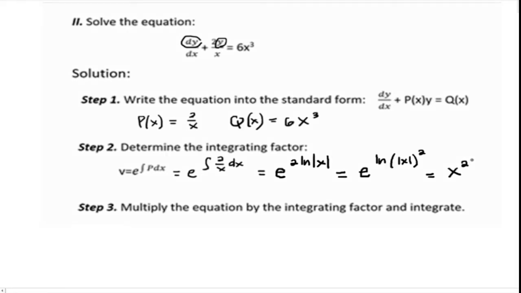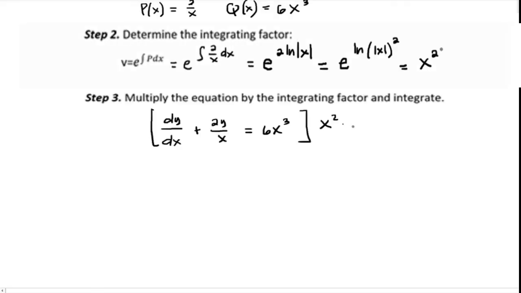For our step 3, multiply the equation by the integrating factor and integrate. Our equation is dy over dx plus 2y over x, that is equal to 6x cubed. Then multiply by our integrating factor, that is x squared.